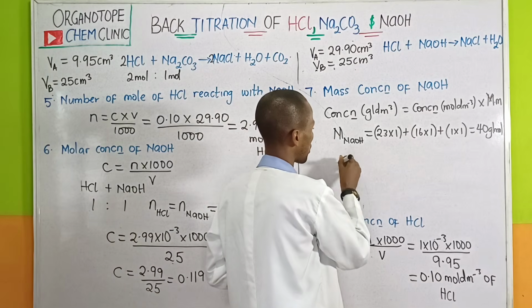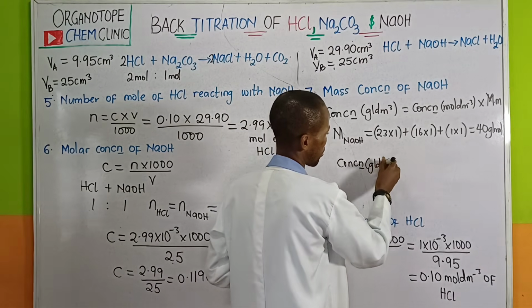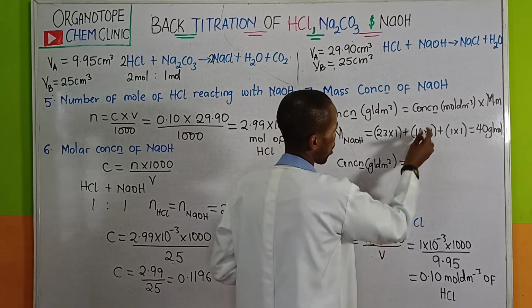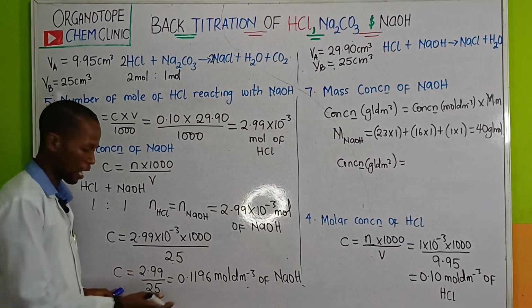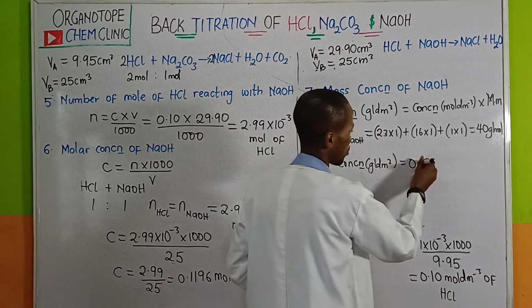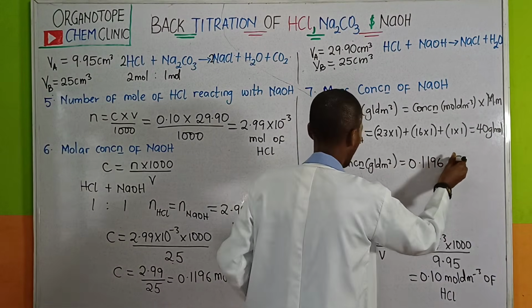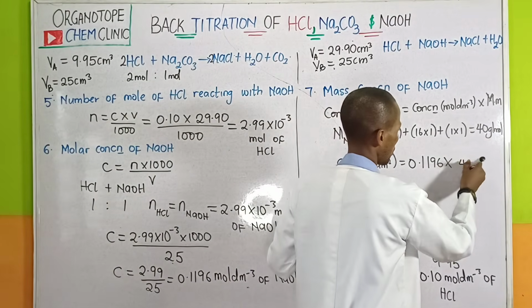We have the mass concentration of sodium hydroxide, concentration in gram per dm³ equals, what is the molar concentration of sodium hydroxide? We have the molar concentration of sodium hydroxide as 0.1196 right here times 40.